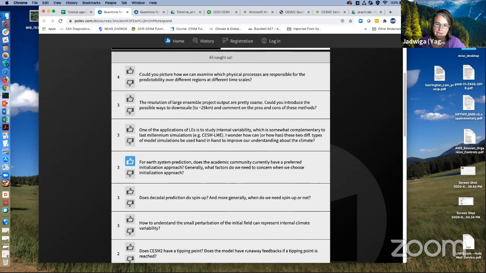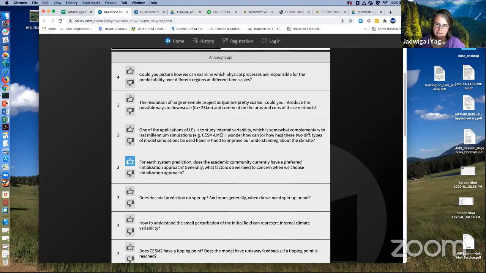So I'll add a little bit to it. In particular on the predictability, so the Earth system prediction, either subseasonal or decadal, there's not been a whole lot of these experiments run, largely because they take so many computing resources. So for example, on the subseasonal scale, we believe that some predictability comes from the land, some from the atmosphere, and some from the ocean.